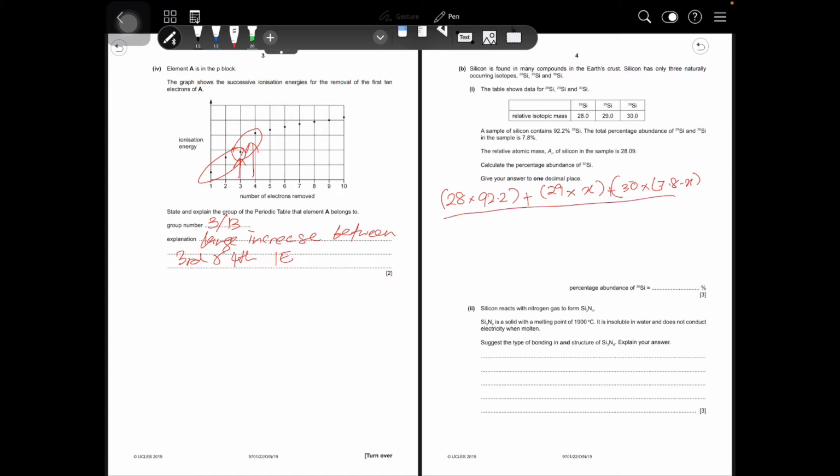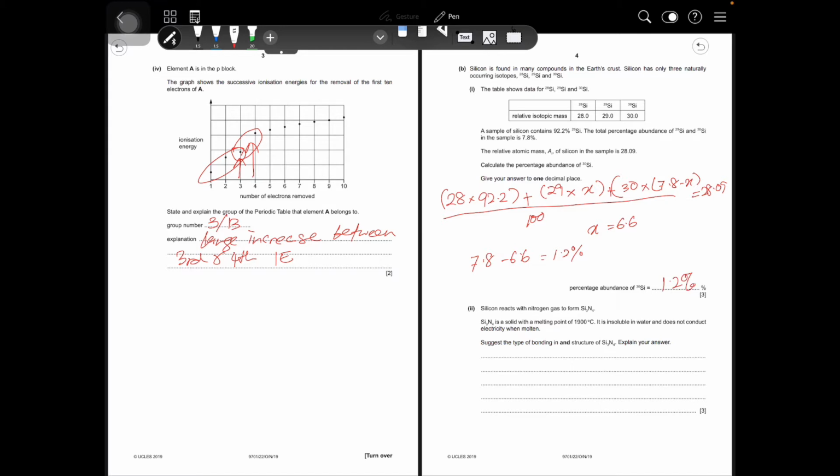Divide by 100 because you want to convert this into non-percentage, and this is equal to the Ar, which is 28.09. So just do simple mathematics as usual. You will see that x equals 6.6%. And hence, since the 6.6% is for the silicon-29 isotope, the percentage of the silicon-30 isotope would be 7.8% minus 6.6%, therefore you have 1.2%.